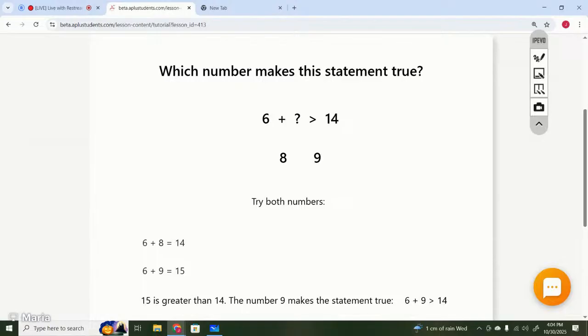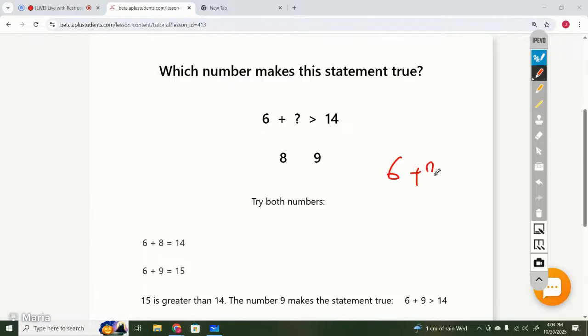So let's replace the first by 8. 6 plus 8 is 14. 14 is greater than 14? No, they are equal, not greater, right?